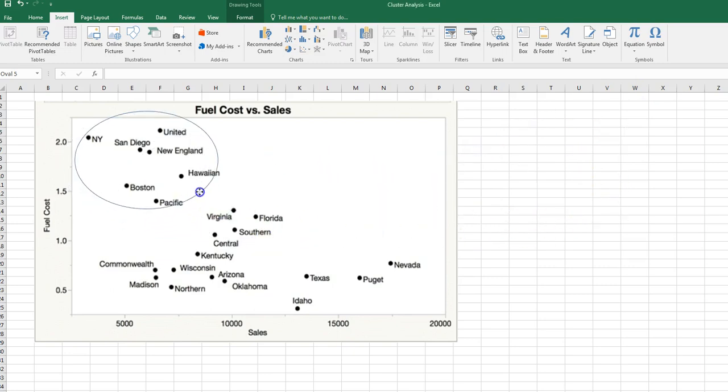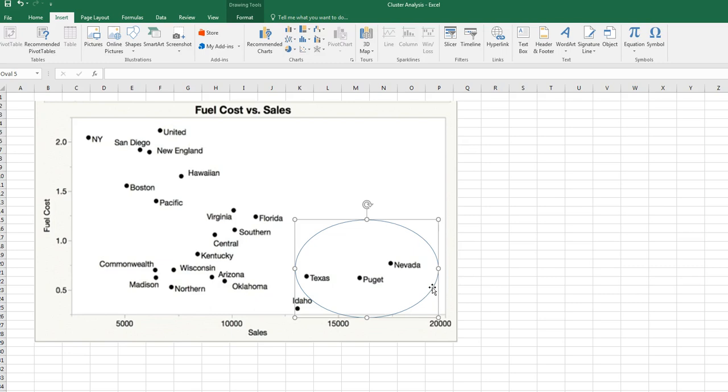The first cluster, which is visible, is for the high fuel cost companies. There's a clear cluster of high fuel cost companies which have similar sales. And then the second cluster appears to be somewhere here for the low fuel cost companies but slightly higher sales, and another cluster can be seen for these high sale companies.